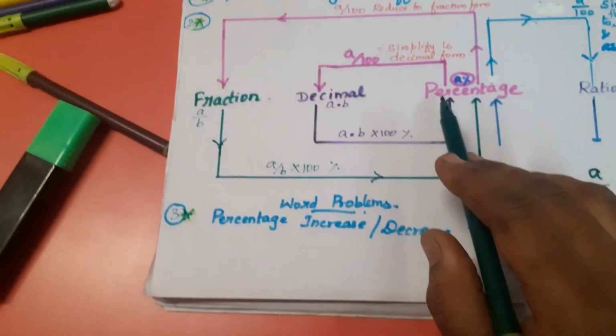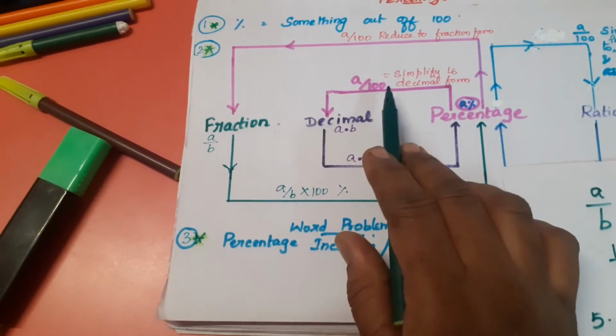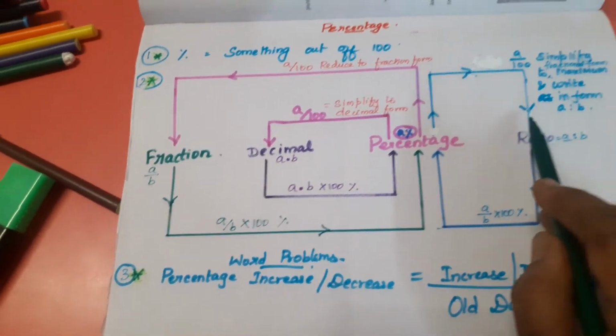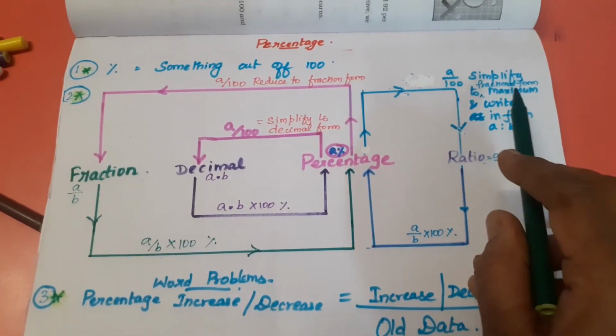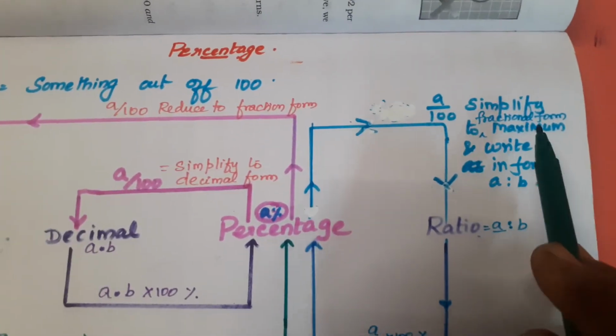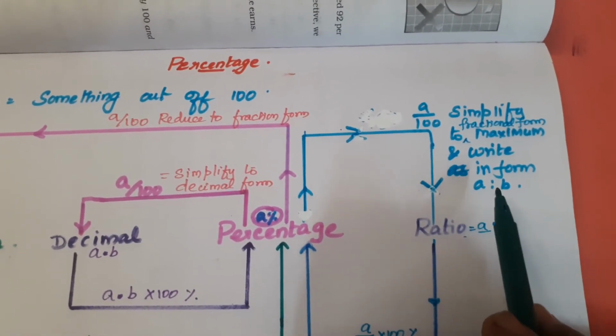So for percentage to decimal, also write it as a by 100 and simplify it to decimal form. Now percentage to ratio, how can we do it? Write that percentage as a by 100, as earlier, and reduce to the maximum fractional form. After that, represent it in a is to b form.